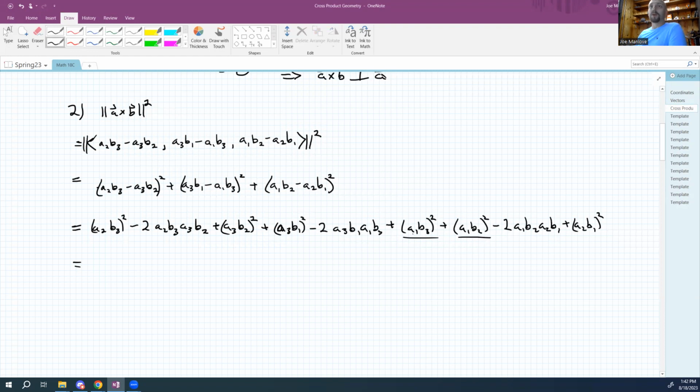So I'm noticing I've got A1 squared in both of those guys, and I've got a B3 and a B2 also squared. So to me, that says I've got A1 squared times B2 squared plus B3 squared. And I feel like that's getting kind of close to the magnitude of B here.